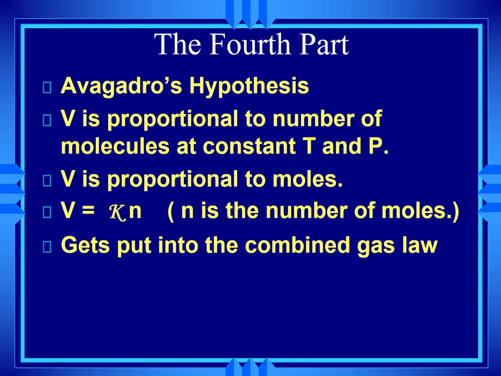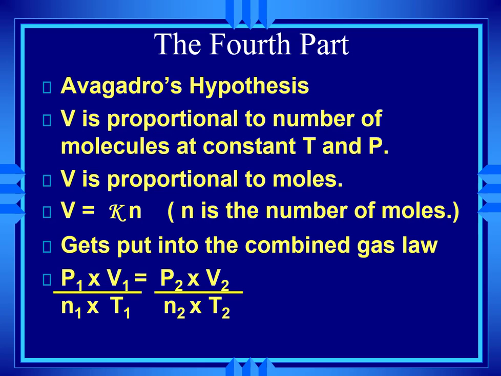Temperature is directly proportional to volume, so N needs to go where T went. Does that make sense? So that's what I'm going to do. That P1 V1 over N1 T1 equals P2 V2 over N2 T2. And that works because K equals K.